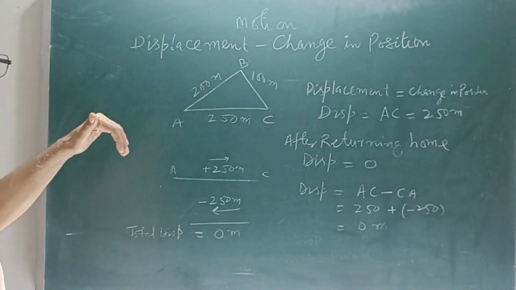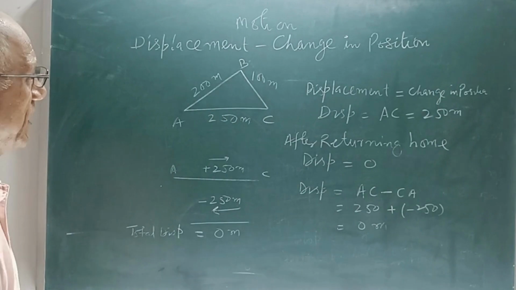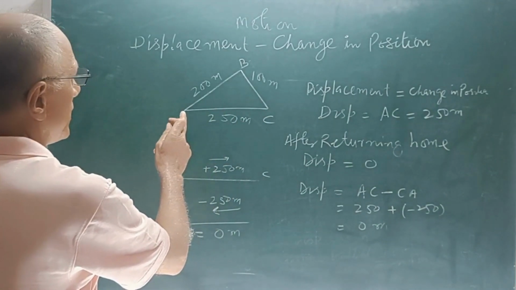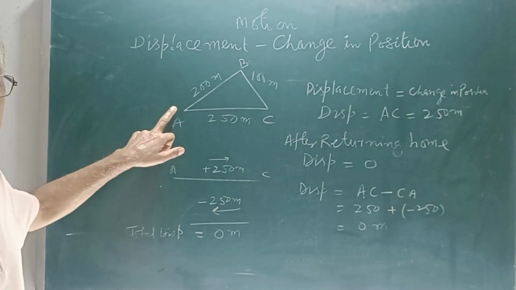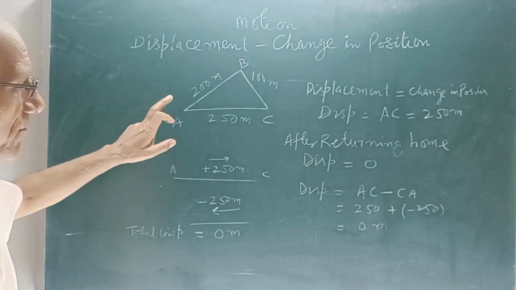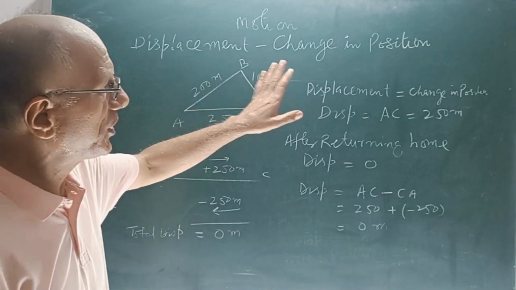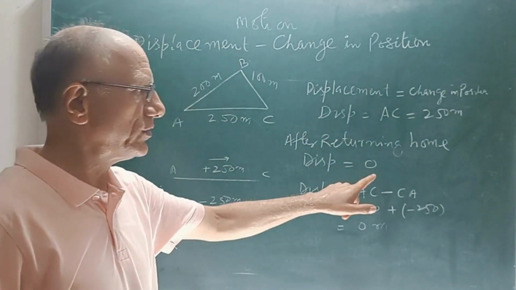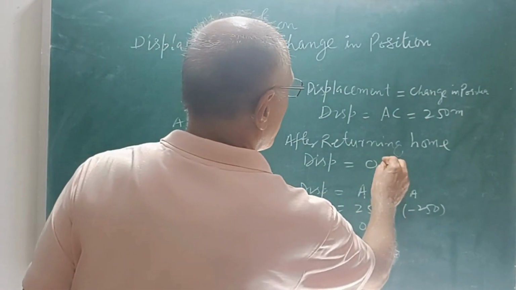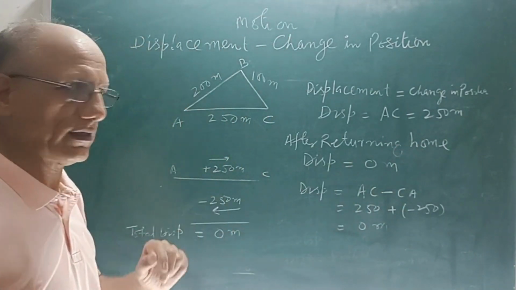After returning home, finally his position is at A. Initial position was A, final position is also A. So the displacement is again change in position. As there is no change in position, the displacement will be 0 meters.